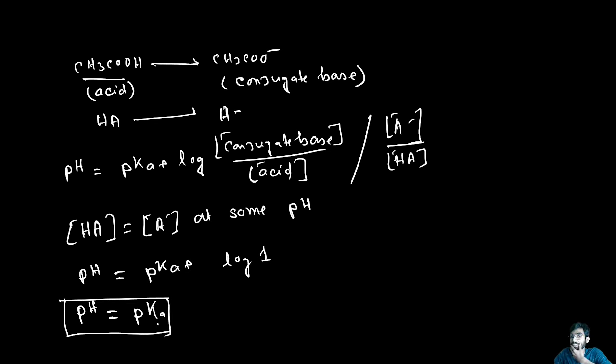So pK is nothing but the pH at which the ratio of conjugate base and acid is 1.